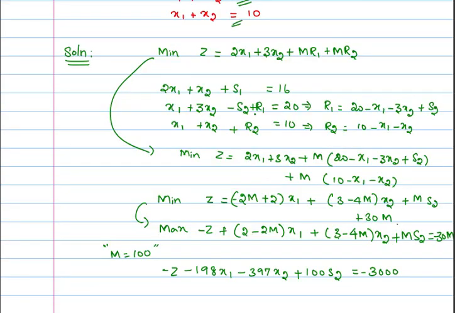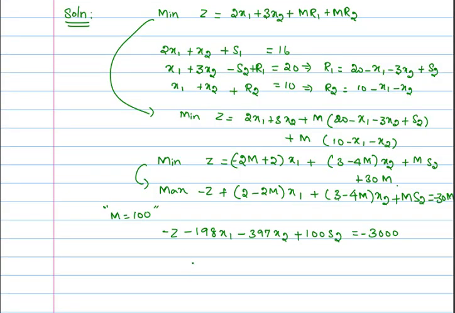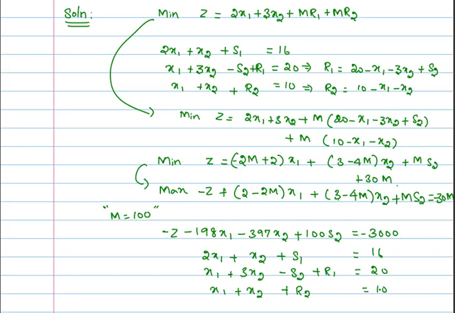Now I want to represent the constraints. The constraints are 2 times x1 plus x2 plus s1 equal to 16, x1 plus 3 times x2 minus s2 plus r1 equal to 20, and x1 plus x2 plus r2 equal to 10.